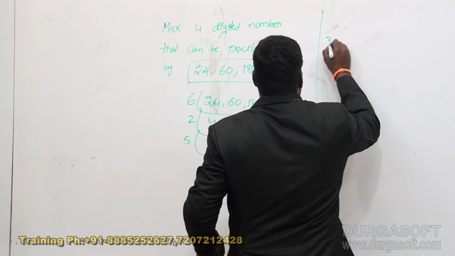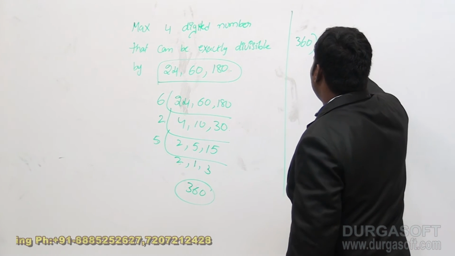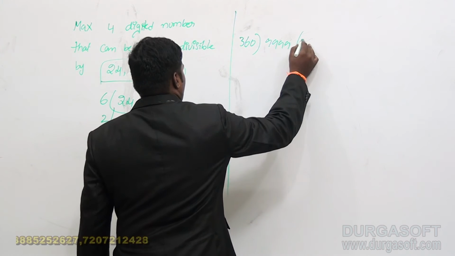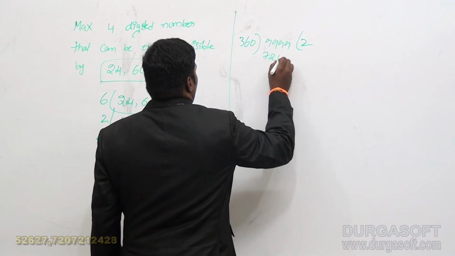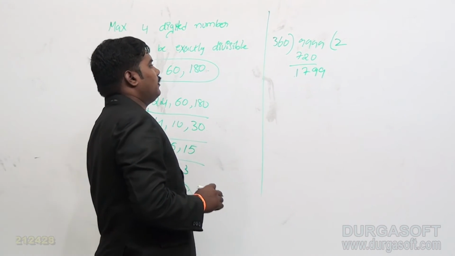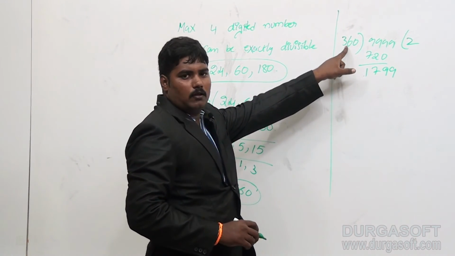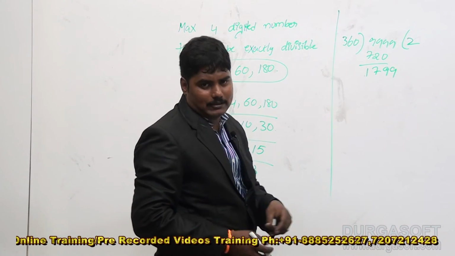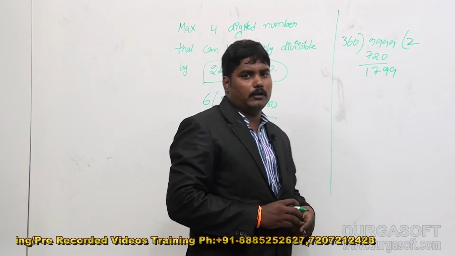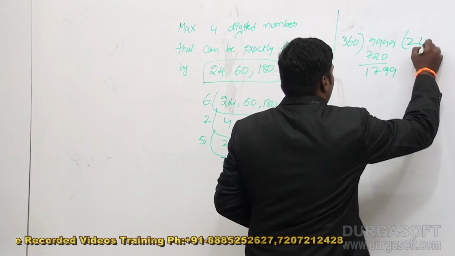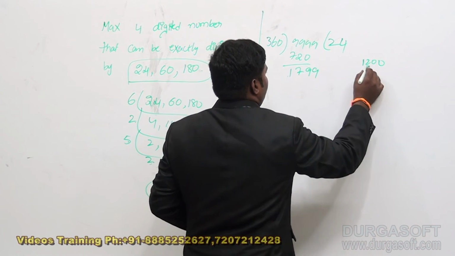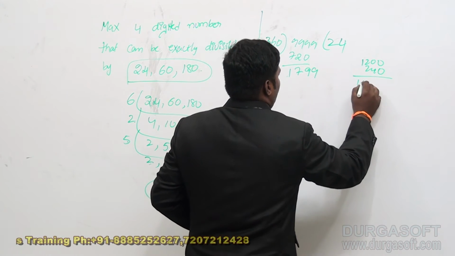So we divide the maximum 4-digit number, 9999, by 360. You can get 3 twos, 720, and continuing the division, 1500 is more than what remains, so you must take only up to 4s. 300 fours, that is 1440.